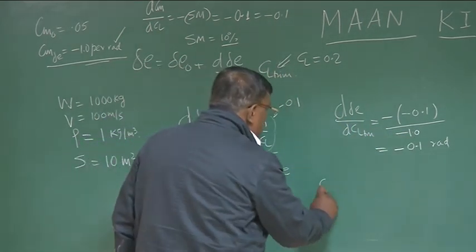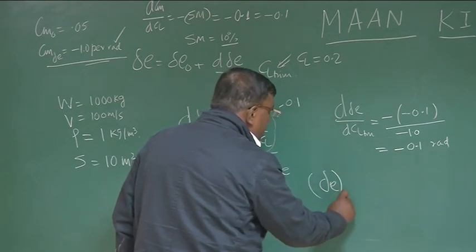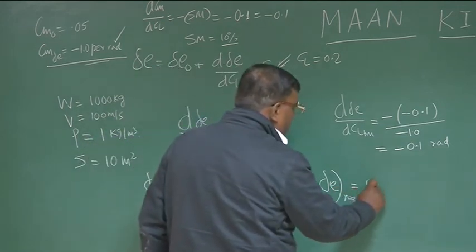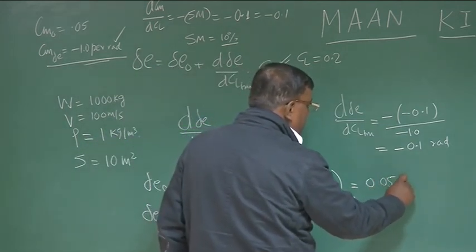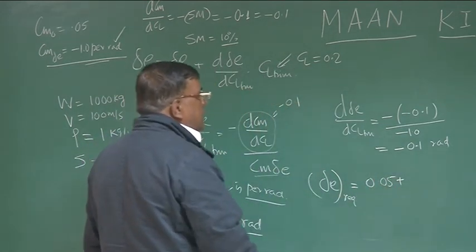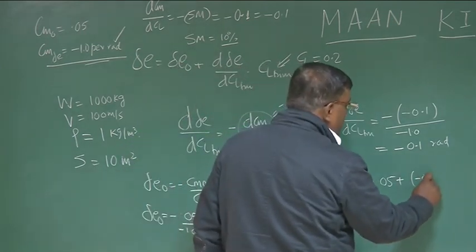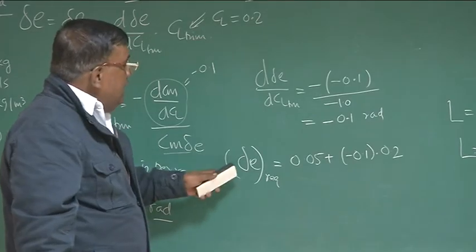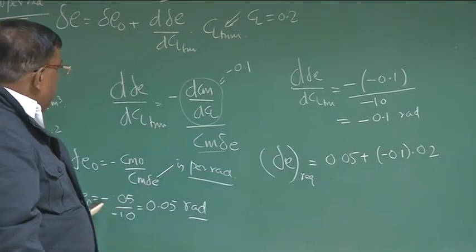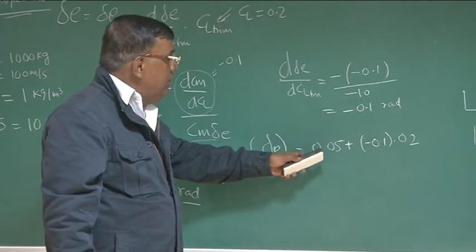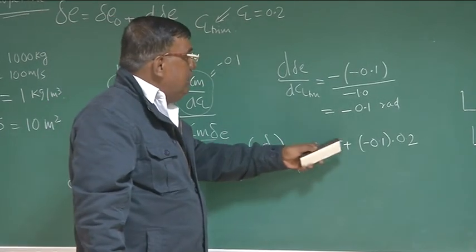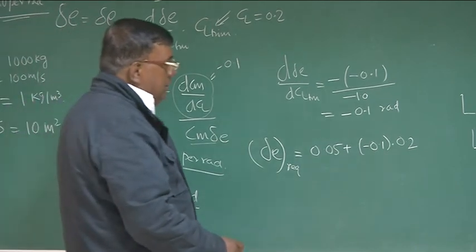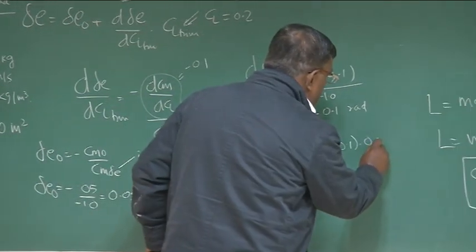So now what is delta E required? Delta E required will be delta E naught, which is 0.05, plus d delta E by dCl trim, which is minus 0.1, into Cl trim, which is 0.2.